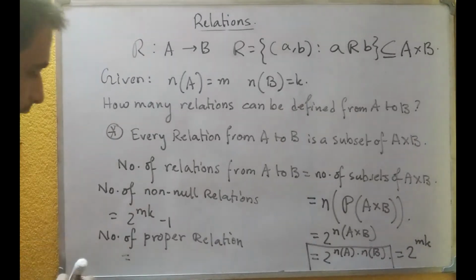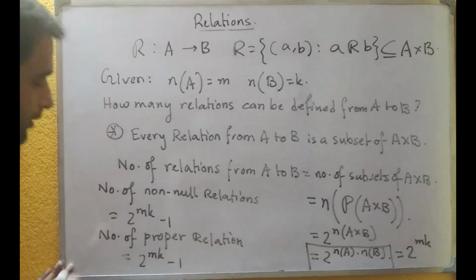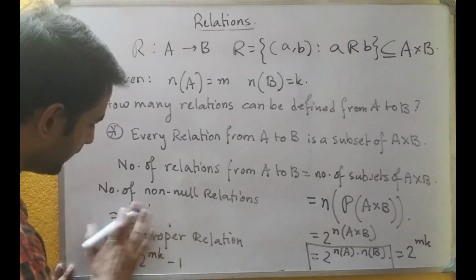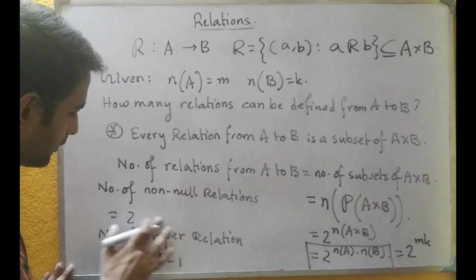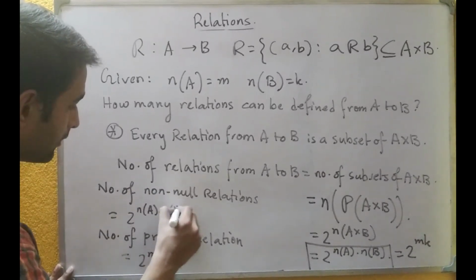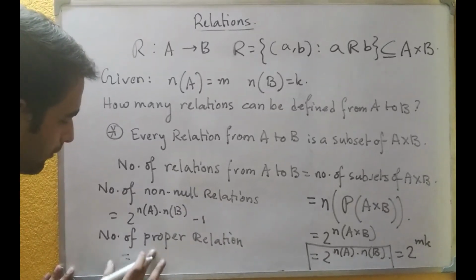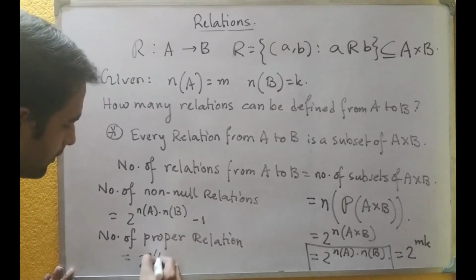So in case of proper relation, it will again be 2 to the power mk minus 1, or it is better to write it as 2 to the power n of A into n of B minus 1, because this is the general formula.